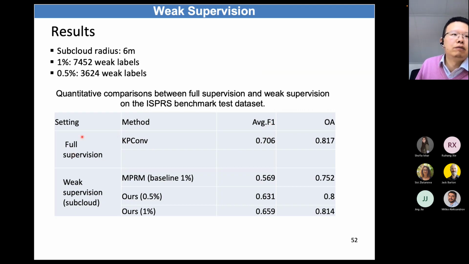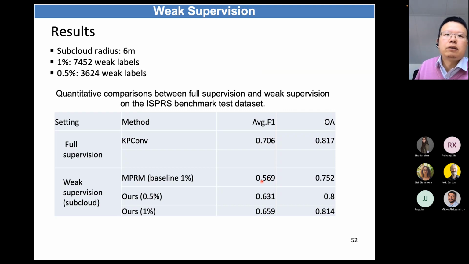This is under full supervision, training with all the points labeled. If we're using weak labels, with the baseline, the CPR 2020 paper with 1% of the weak labels, with some tricks one can get to almost 57% F1 score.